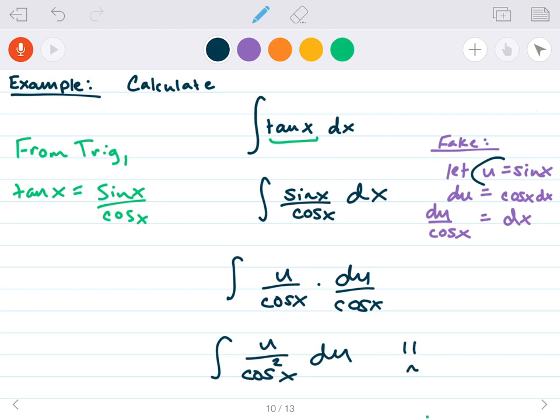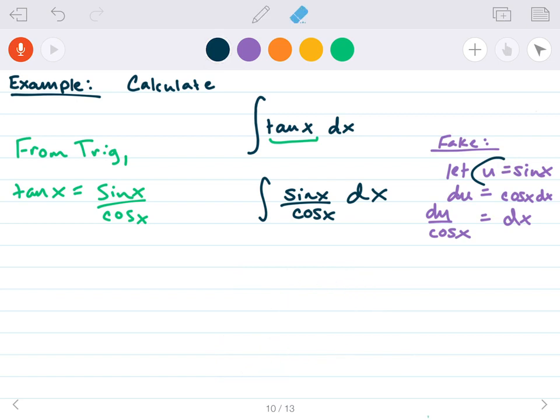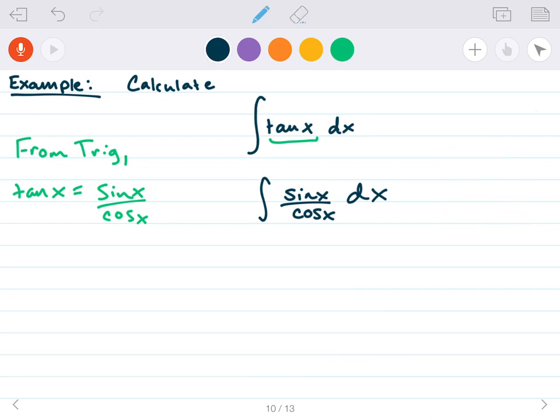So then you say, okay, it's not sine, so let's try cosine. Let's try letting u equal cosine of x. So that was the fake one, and this is the real one. This, I think, is going to work. When we do that, differentiating, we get du.